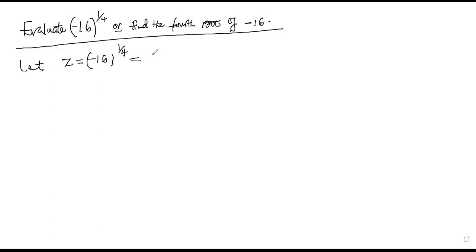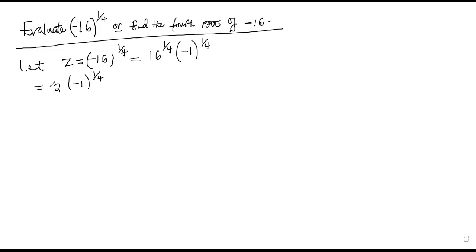One can use different approaches, so I'm going to give you another approach. This is the same as 16 to the power of a quarter times negative 1 to the power of a quarter. They are the same. Now, the fourth root of 16 is 2, so this is 2 into negative 1 to the power of a quarter.